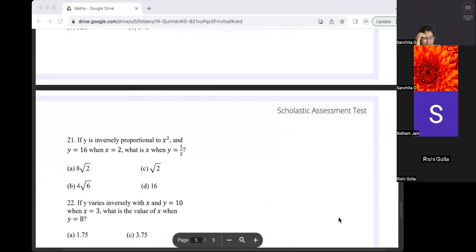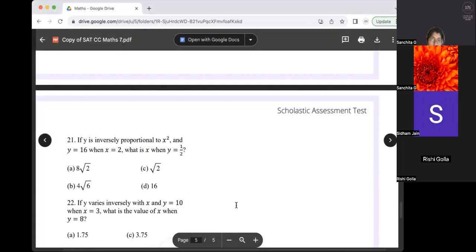Okay. Let's take up 21. A. A, very good. Y is inversely proportional to x square. We have to focus upon the x square part, right? So this will be 4, right? Yes. Like that we can solve. Definitely it is option A, 8 root 2.